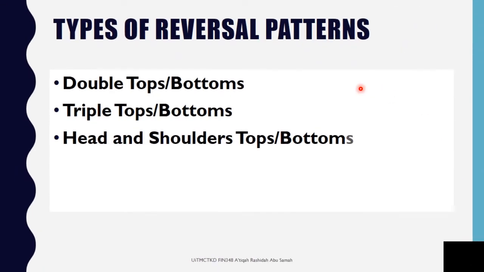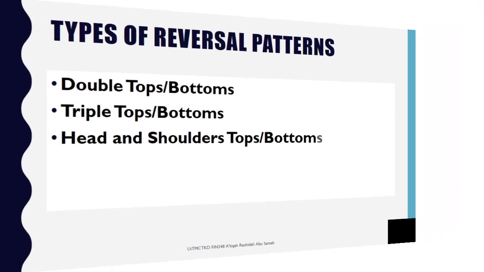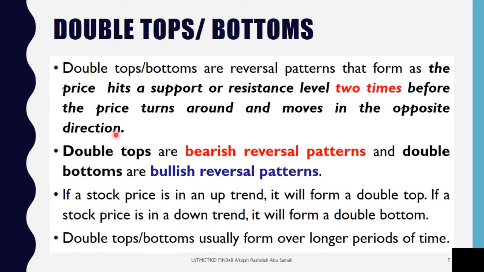Okay, so we will continue to get to know in detail about the double tops and bottoms, triple tops and bottoms, and also head and shoulders tops and bottoms. What are double tops or double bottoms? Double tops or double bottoms are reversal patterns that form as the price hits a support or resistance level two times before the price turns around and moves in the opposite direction.